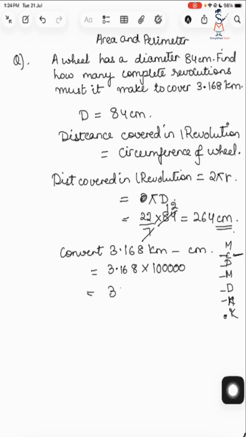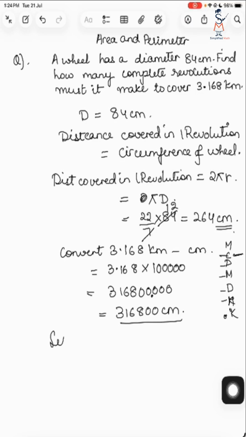This will come out as 3168, then 1, 2, 3, 4, 5 places, with 3 places of decimal. So the decimal will be somewhere here. This will become 316800 centimeter. Now you have to find how many revolutions it will make to cover these many centimeters.